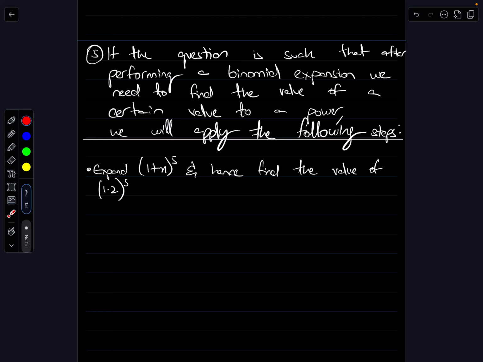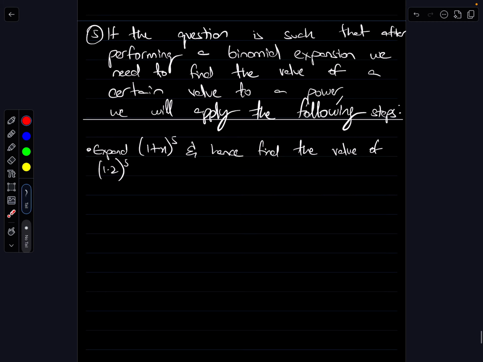second last concept is, if the question is such that after performing a binomial expansion, we need to find the value of a certain value to a power, the answer of something to a power, we'll apply the following steps.